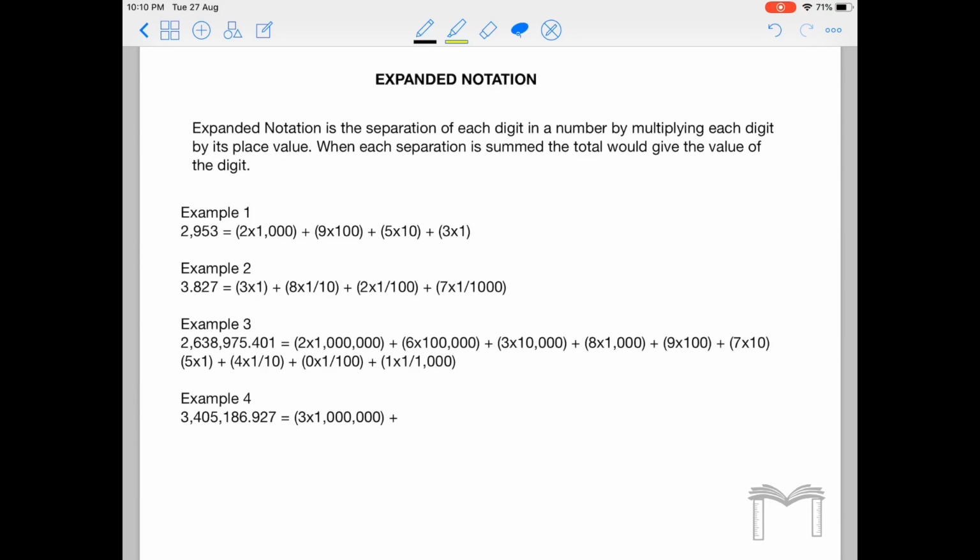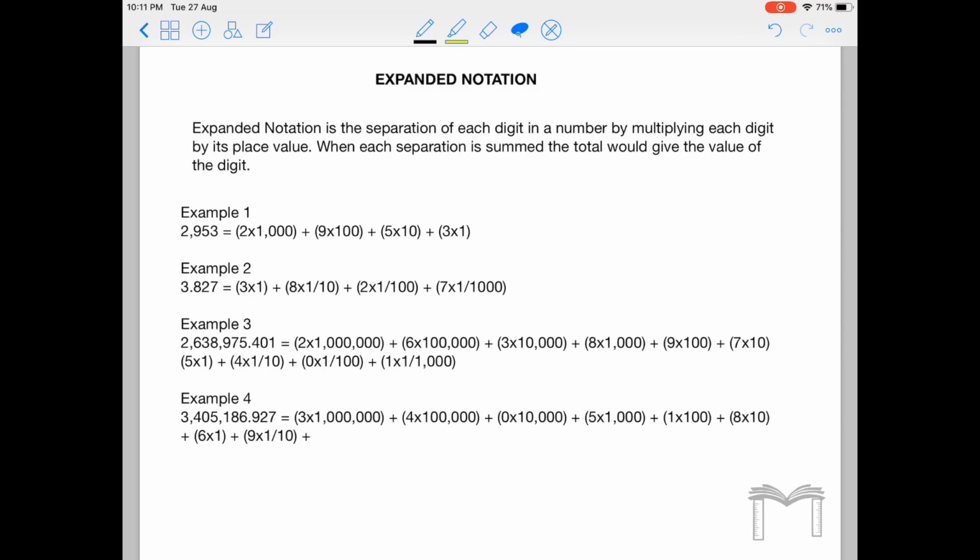Example 4, 3,405,186.927. So this is 3 times 1 million plus 4 times 100,000 plus 0 times 10,000 plus 5 times 1,000 plus 1 times 100 plus 8 times 10 plus 6 times 1 plus 9 times 1/10 plus 2 times 1/100 plus 7 times 1/1000.